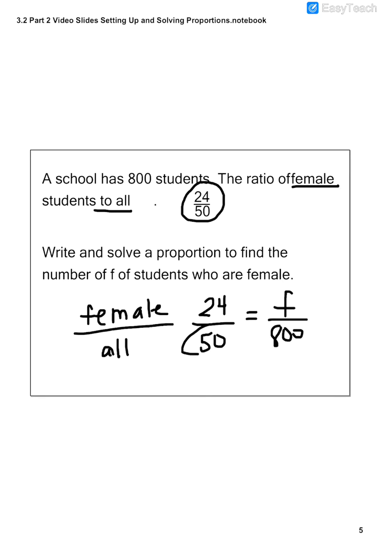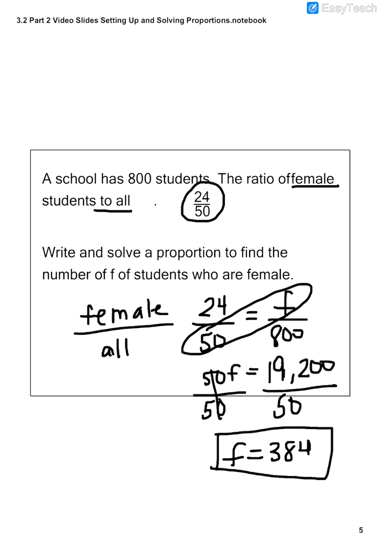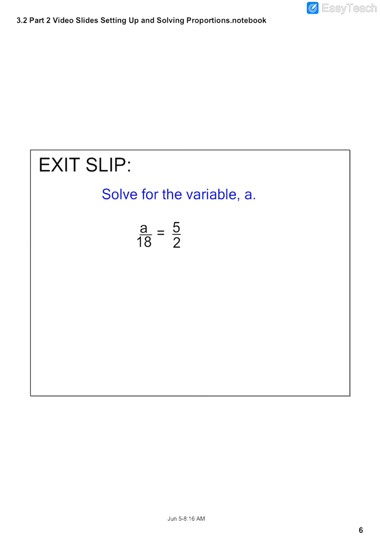So again, I need to cross multiply. 50F is equal to 19,200. Divide by 50. And F is equal to 384. So that means out of 800 students, 384 of them would be female in this case.